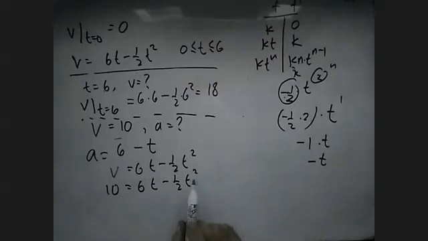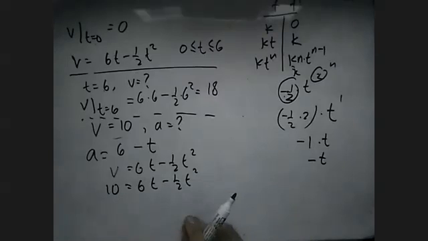To solve this, we need to make one side become 0. Let's say I decide I'm going to make the right hand side become 0. So anything here, I move to the left. Minus half, I move to the left, becomes half t squared. 6t, when I move to the left, becomes negative 6t.